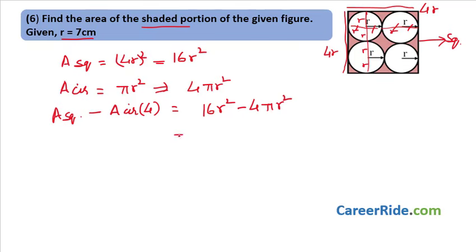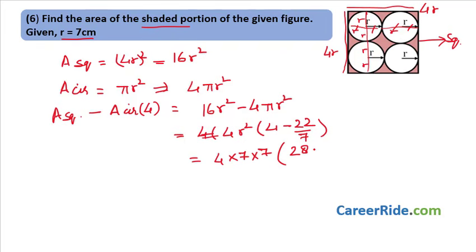Now solving this is very easy. 4r square into 4 minus 22 upon 7. So this is equal to 4 into 7 here. 4 sevens are 28 minus 22 upon 7. Right?